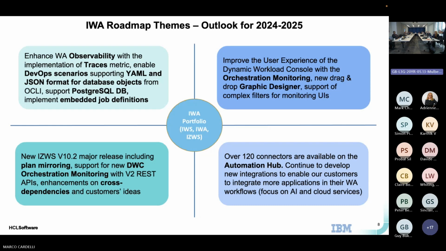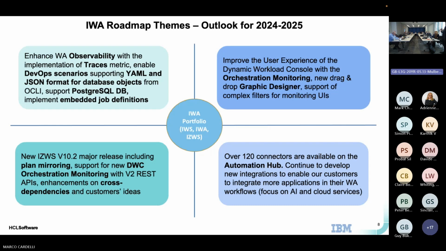Then we have a big new major release, 10.2 for Z. The main feature is the plan mirroring. Here, Cecilia will talk a lot about this. We are trying to converge on the usage of the UI, the dynamic workload console, between Z and distributed.